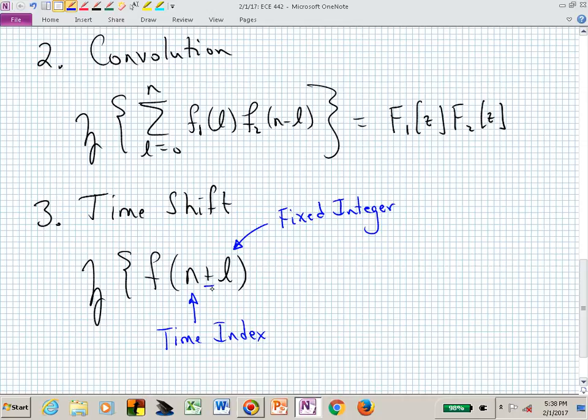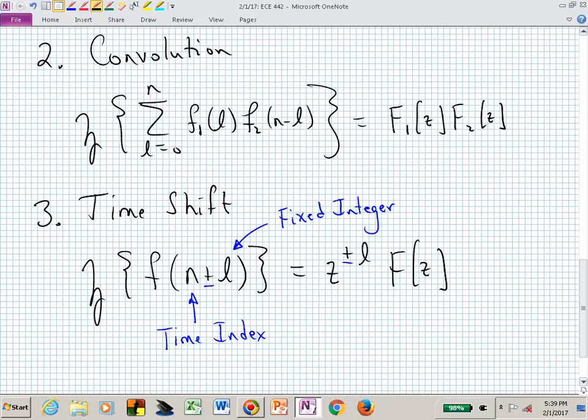Let me go ahead and put the two together. We could either have n plus l or n minus l, and if we Z-transform that time domain expression, we get this z weighted version of plus or minus the fixed integer offset in this time sequence, times the Z-transform of the unshifted f of n.